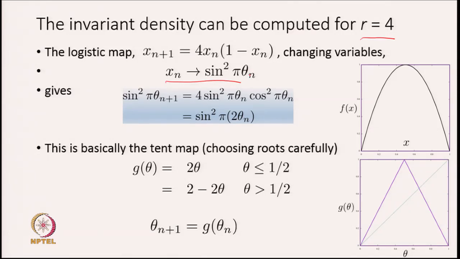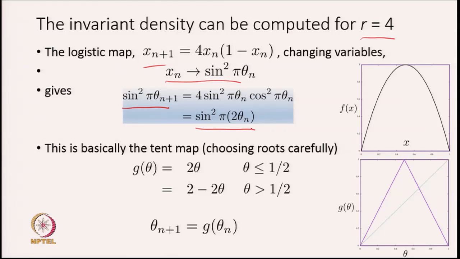and that will give you a very nice mapping between x and theta. And this equation just becomes sine squared of pi theta n plus 1, and on this side it becomes sine squared of pi times 2 theta n.